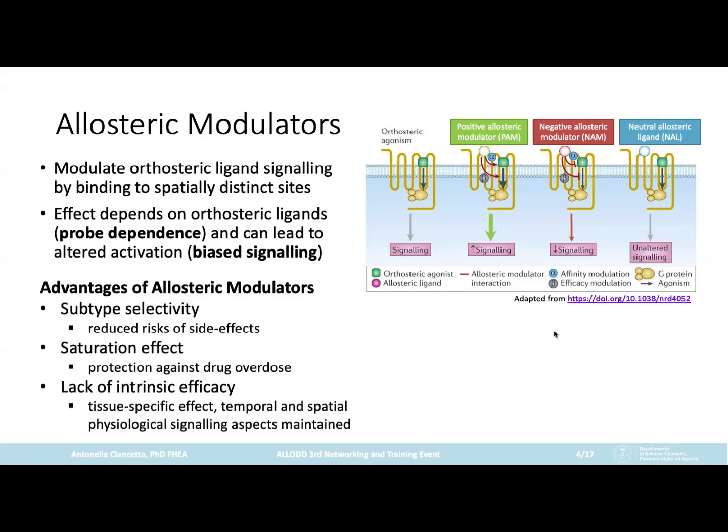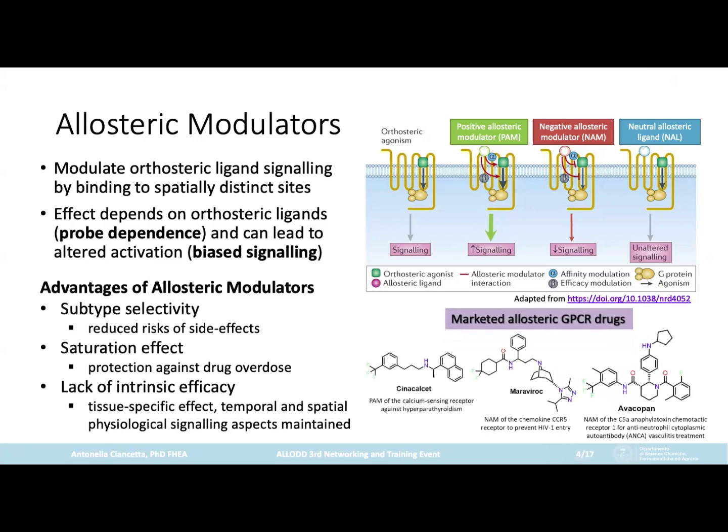So in terms of what happens in the GPCR world, we only have 3 allosteric modulators that have been approved for clinical use. So the question is why it's been so difficult to develop GPCR allosteric drugs so far.